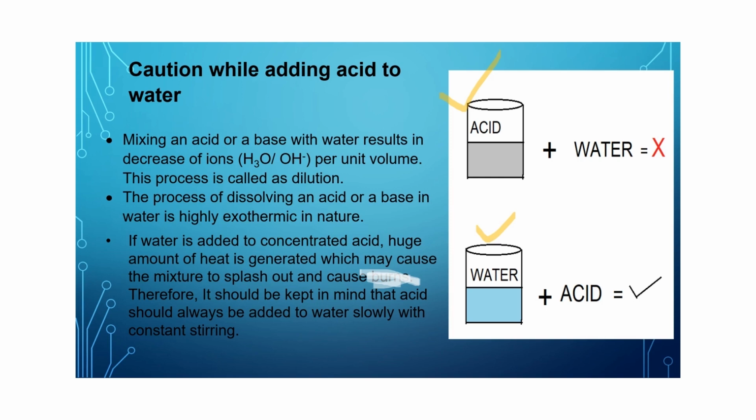Now this process of mixing water with an acid results in a decrease of hydronium ions or hydroxide ions per unit volume. In case of acid, the hydronium ions will decrease. In case of base, hydroxide ions will decrease. So this process is known as dilution.